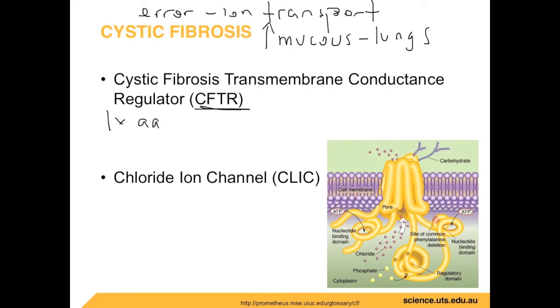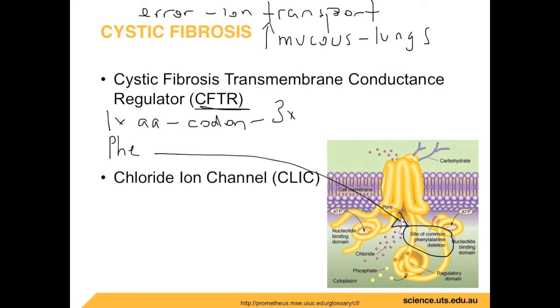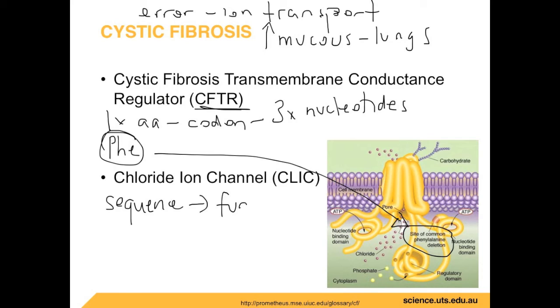And this single amino acid change is phenylalanine. This single amino acid change is due to a single mutation in a codon. And a codon is 3 nucleotides. This phenylalanine mutation alters the sequence, which therefore alters the function.